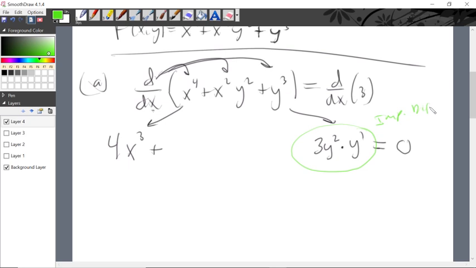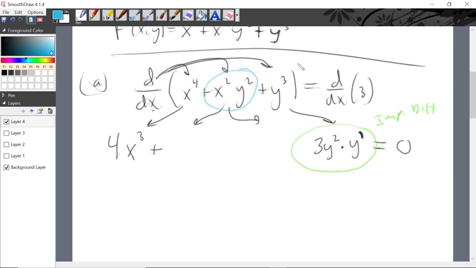Implicit differentiation was done right there, and that is a y prime, or a dy dx. Now how about this middle term right here? Well, this middle term is a product, so we're going to need the product rule.